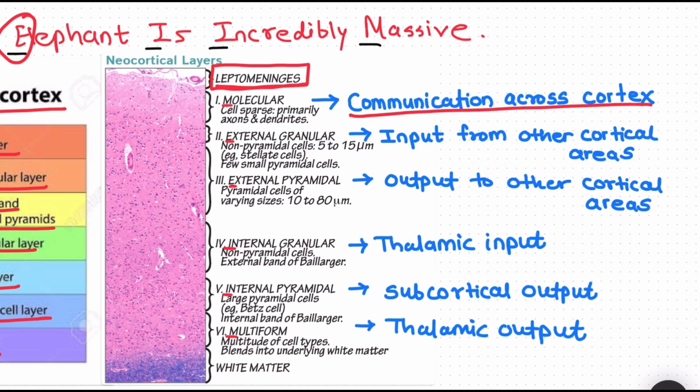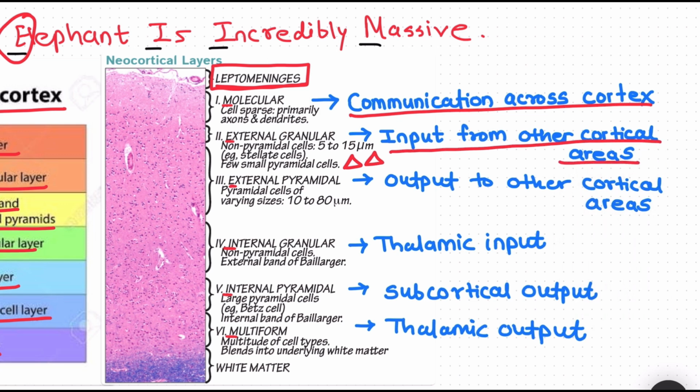Second layer will be external granular layer, which contains non-pyramidal cells 5 to 15 micrometers, example stellate cells, and there are few small pyramidal cells also. Pyramidal cells are triangular, and its function is it receives input from other cortical areas.